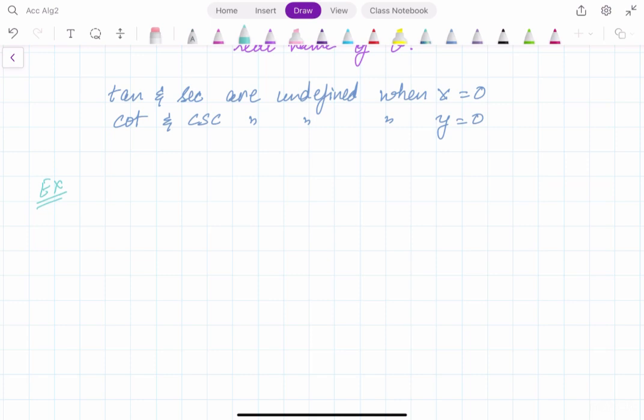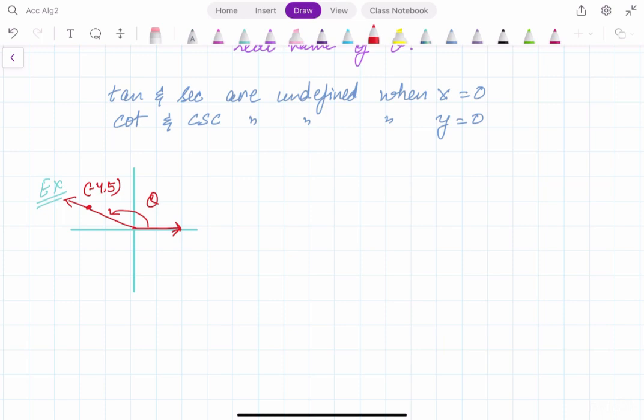Let's take one example. Let's have a coordinate plane. We have the initial side, and then we are creating an angle. And the other ray is called the terminal side. So this angle is theta.